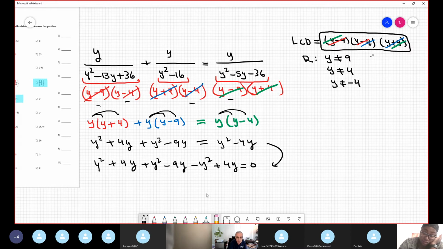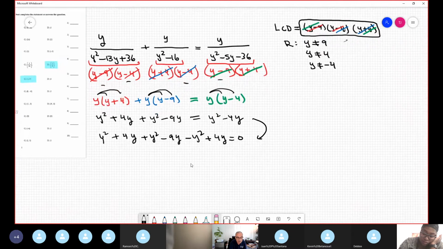Now at least we have 0 on the right hand side, and we combine like terms. In total, this y squared and this y squared cancel out, because positive and negative. Only one y squared stays alive. Now let me use a different color, for example red. You combine like this and this.